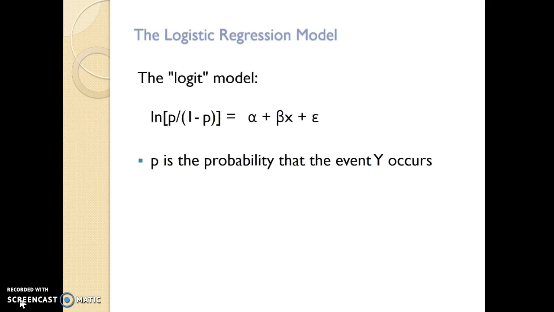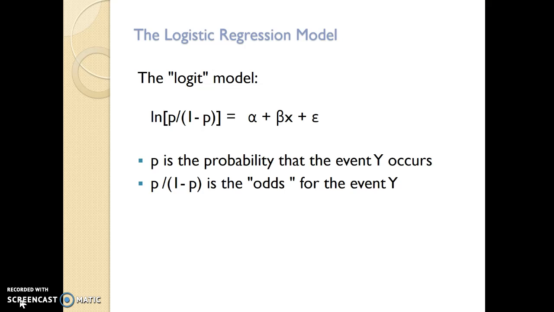The logistic regression model, also sometimes called the logit model, can be written in this way. The natural logarithm of p divided by 1 minus p equals alpha plus beta x plus the error term. And in this equation, p is the probability that the event y will occur, and p divided by 1 minus p is the odds for the event y.